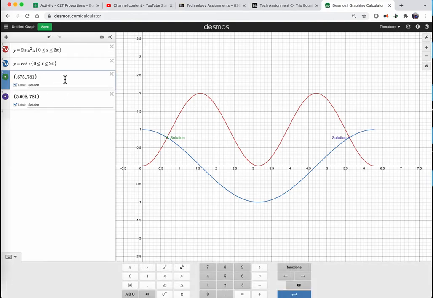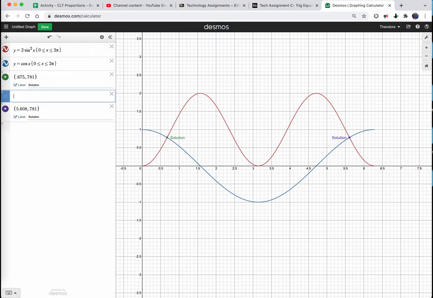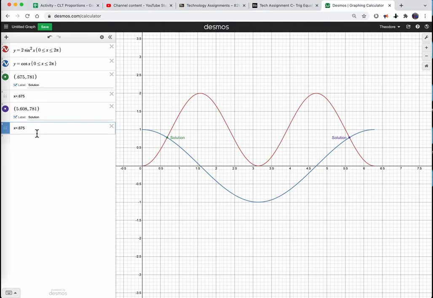If you want to say specifically that x is equal to 0.675, you could say in quotes, x is equal to 0.675, and then do the same thing, open quotes, 5.608. It might make it a little nicer to look at. Either way, you have your x equals on the appropriate domain.